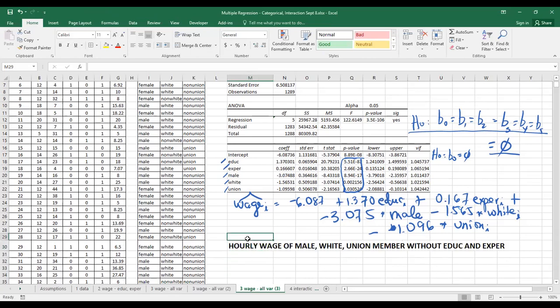Okay. So ito guys yung intercept natin. Meaning of the intercept. So yung intercept natin, negative 6.08, that's the hourly wage of a male, white, union member without education and experience.